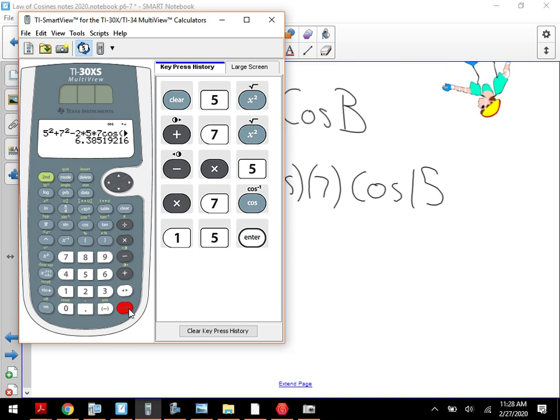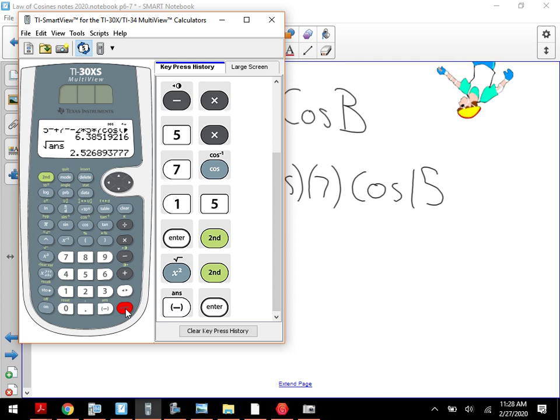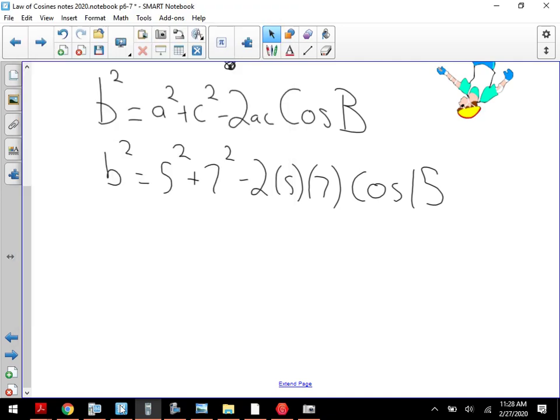I get some crummy decimal, and that equals b squared. So what do I have to do with it? Square root it. Remember, that all equals b squared. Now that side across is 2.53.